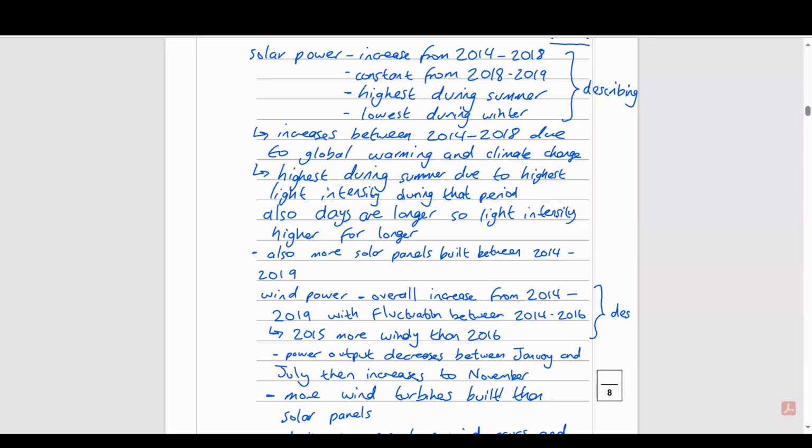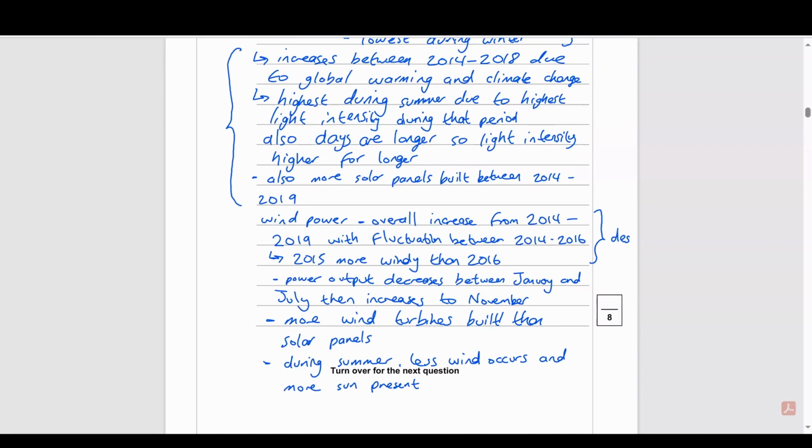But then later we've explained our reasons for any changes. And in our explanations, we've included both solar and wind, and we've mentioned what happens in a typical year. So we should get our 6 marks by doing those 3 things.